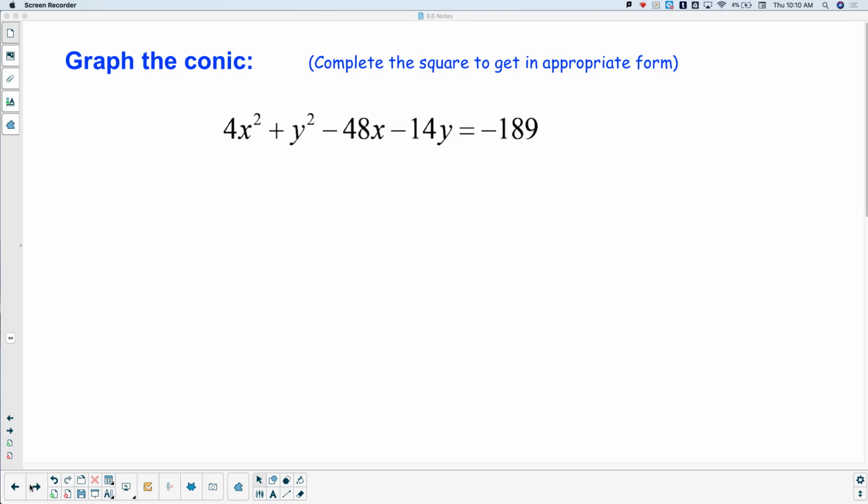So if I say, let's graph said conic in non-standard form, the first thing that we would have to do is determine what kind of a conic it is. Okay? So that's the first question I pose to you today. What kind of a conic is this?